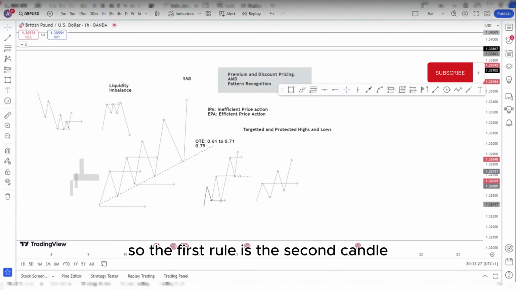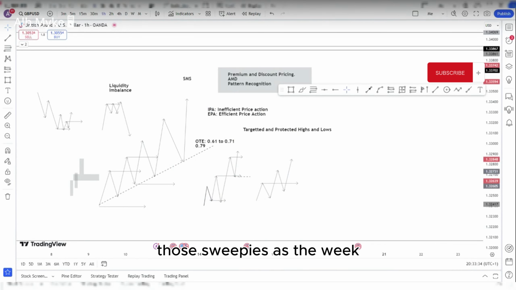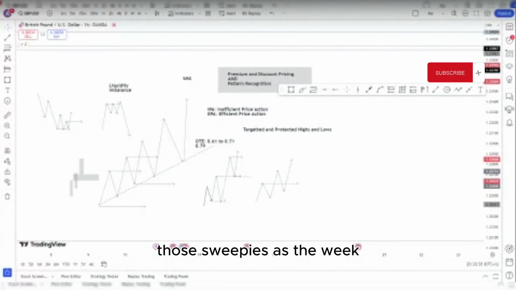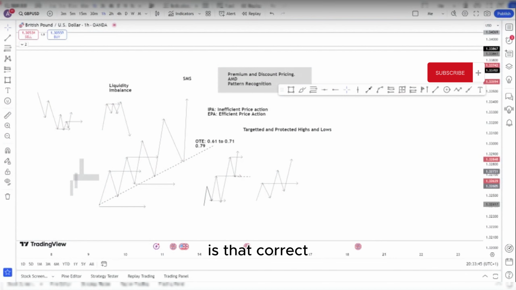The second candle body does not close below the previous candle. The wick does sweep the liquidity off, but the body doesn't close below it. Is that correct? Yes, correct.